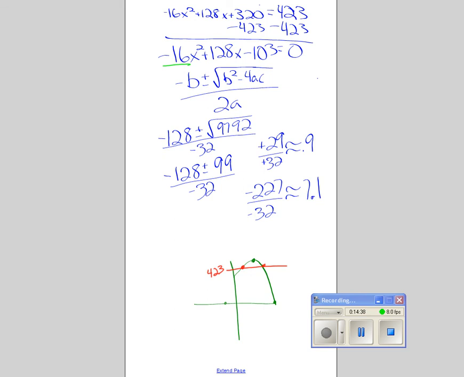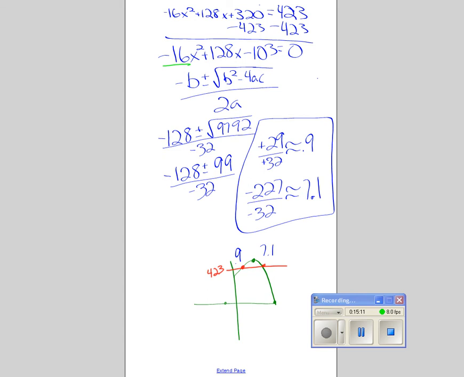So from 0.9 seconds into the flight up until 7.1 seconds into the flight, it was above 423 feet, which means... How do you write what x? It's annoying, you have a number and an x and then another number. Yeah, but it's the same. The actual question just says determine the times. Okay, so that's our answer.